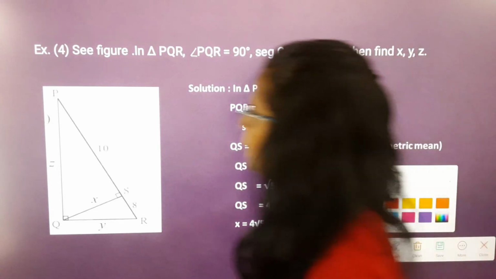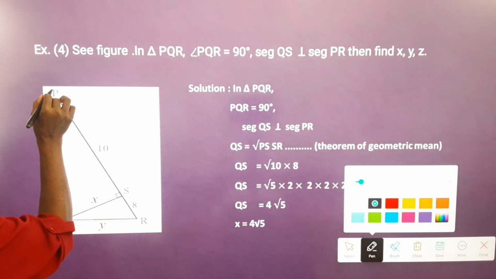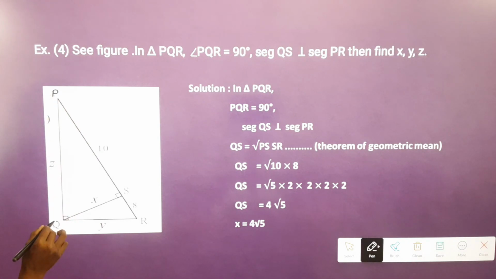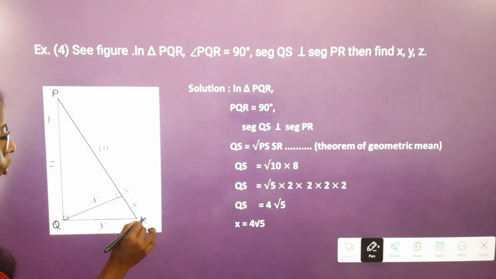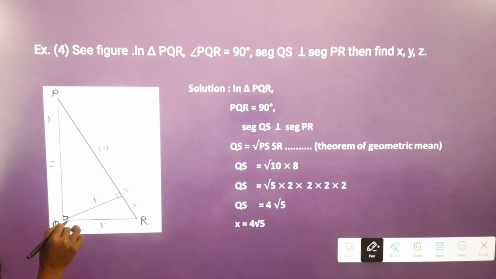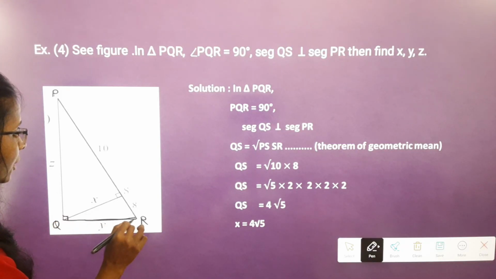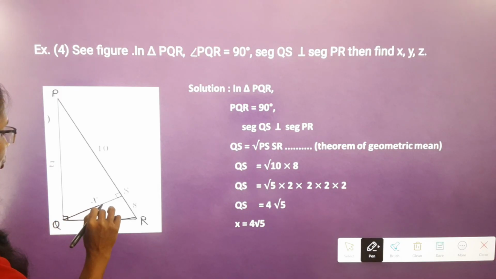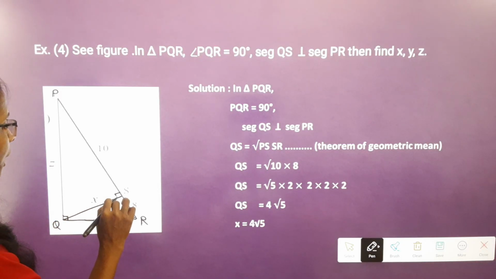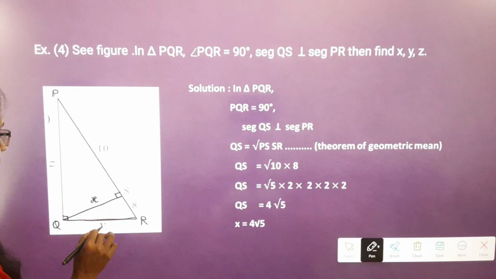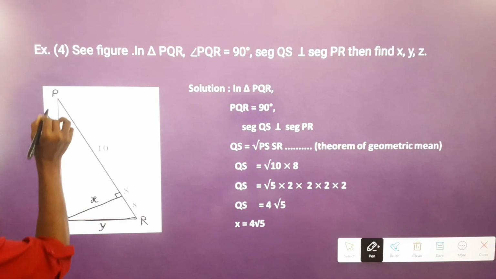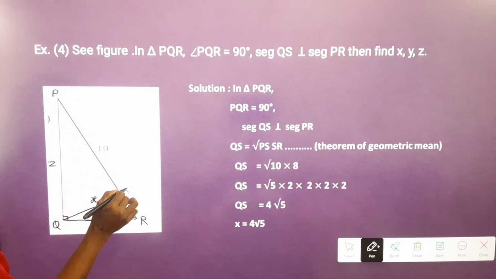See here, this is the triangle PQR, which is a right angle triangle, and there is a perpendicular drawn on the hypotenuse. So that means, students, we can use here the geometric mean theorem.